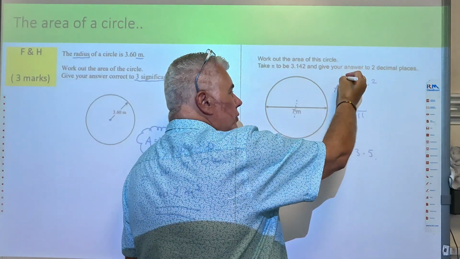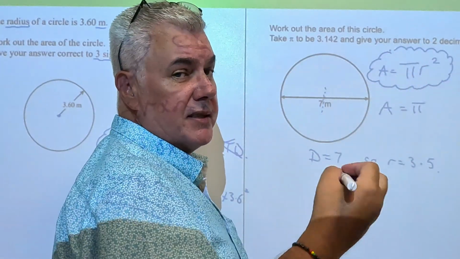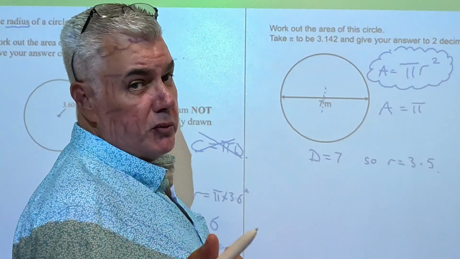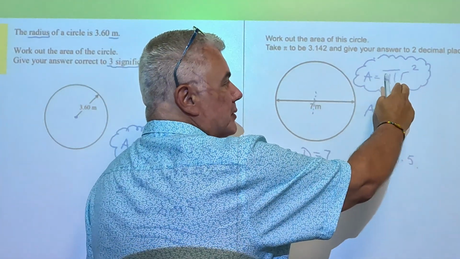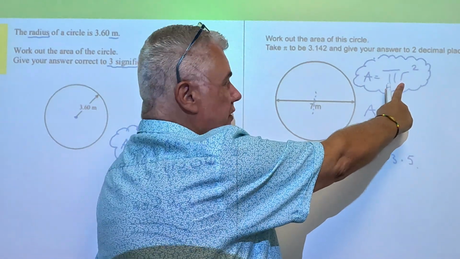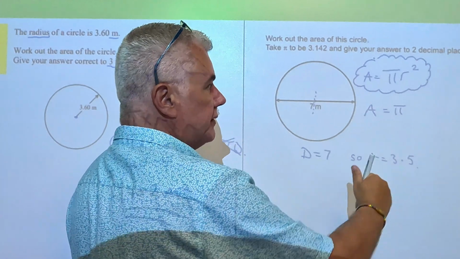So I'm always going to use area equals pi r squared. Pi r squared sounds like area to me. If you want the circumference, I'll just use pi d. Area equals pi r squared. We're always going to use this. I've got to find or know the radius. I can find it if I know the diameter. It's just half.